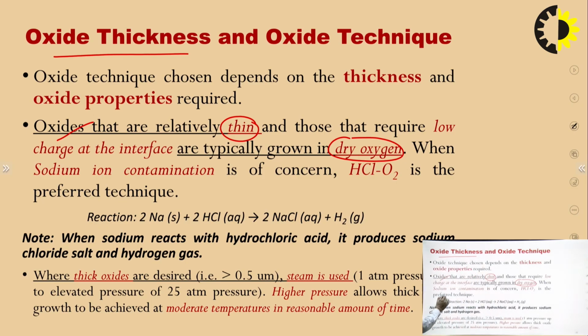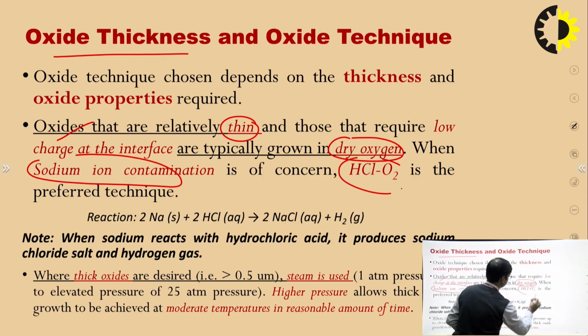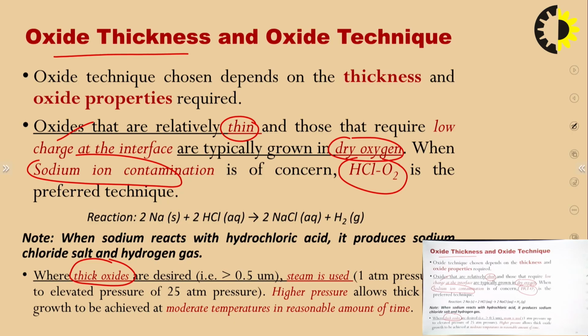And if there is sodium ion contamination, as we have discussed, we can use a dry HCl environment. But if we need thick oxide layers, then we have to use steam, that is, wet oxidation.